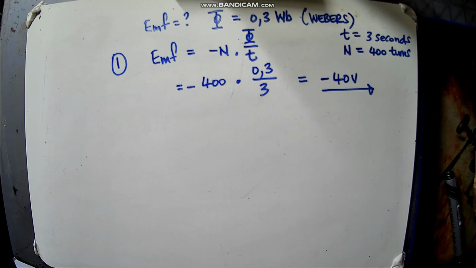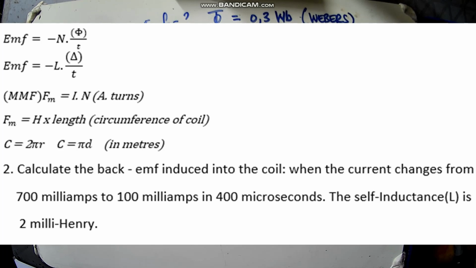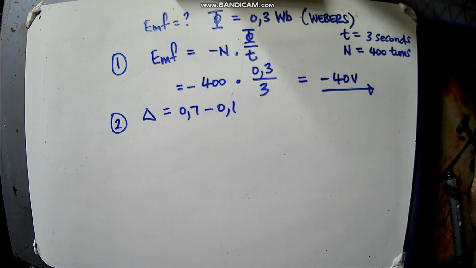Question number 2, calculate the back EMF induced into the coil when the current changes from 700 milliamps to 100 milliamps in 400 microseconds. The self-inductance is 2 millihenries. Let's write down the given information. So first we have the change in current.